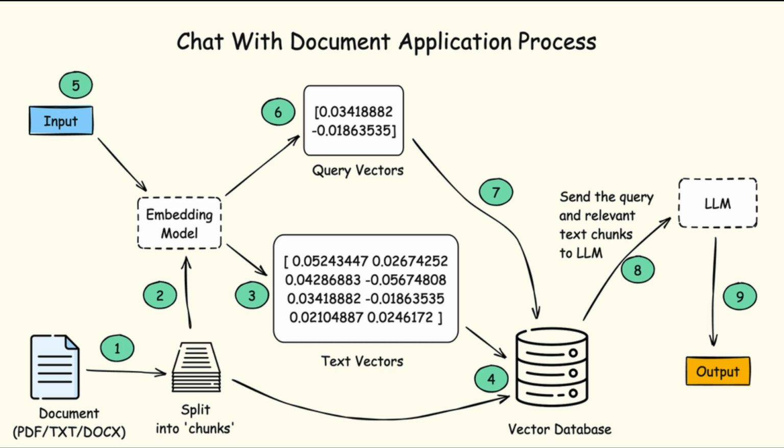Here is an illustration of the process required to create a chat with document application. You first need to split a single document into chunks so that the document can be processed and indexed effectively. The chunks are then converted into vector embeddings. Vector embeddings are arrays of numbers that represent different types of data, such as text, images, or audio.